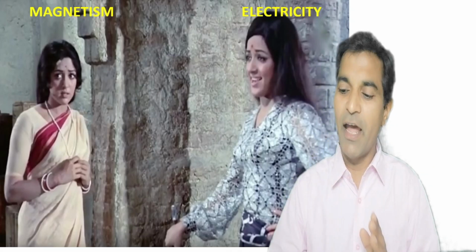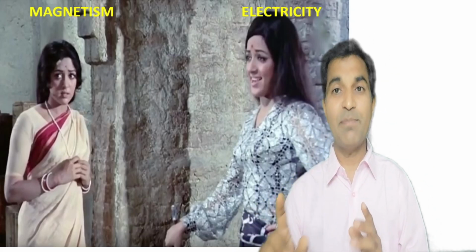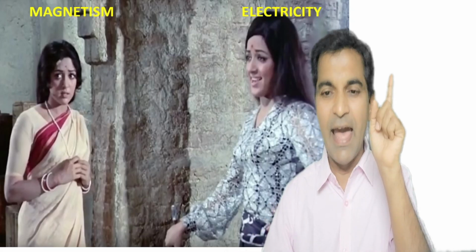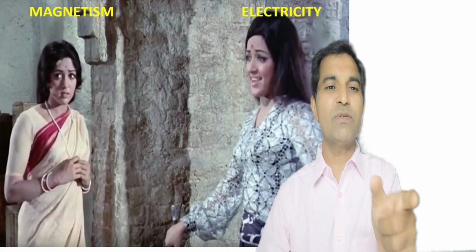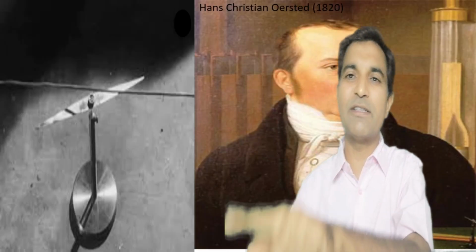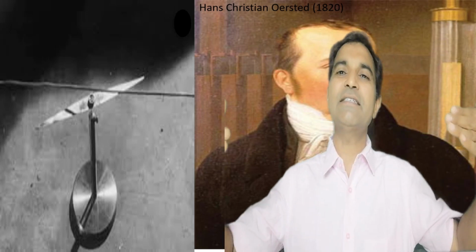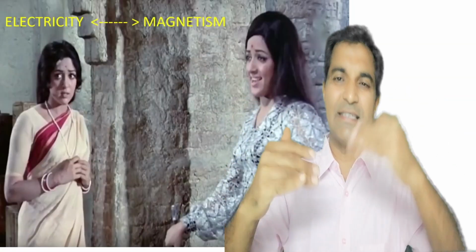They are the same. And what is that same thing? The same thing that was said by Oersted as well as Michael Faraday. And what is the conclusion? The conclusion is that electricity is nothing but magnetism and magnetism is nothing but electricity. Electricity and magnetism are twin sisters. They are simply two forms of energy.